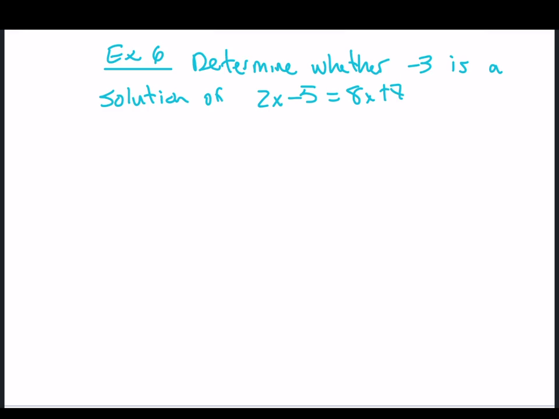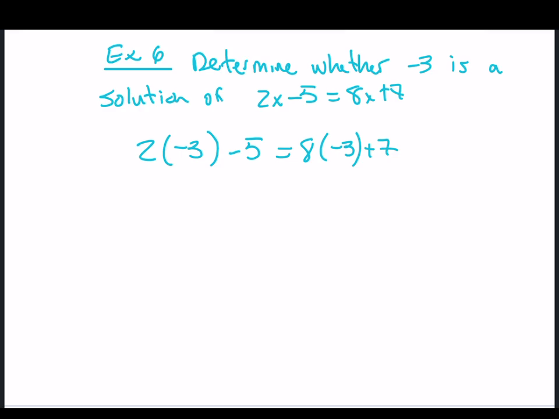Okay, so we can plug in our x value of negative 3 everywhere we see an x. So we have 2 times negative 3 minus 5. We don't know for sure if it's equal in this case. We're checking to see if we have a true statement. 8 times negative 3 plus 7.